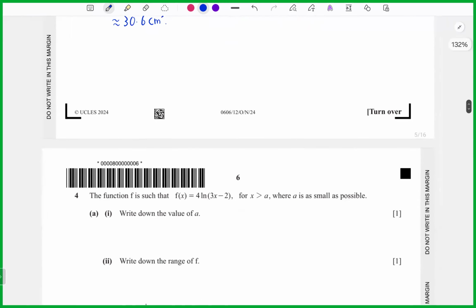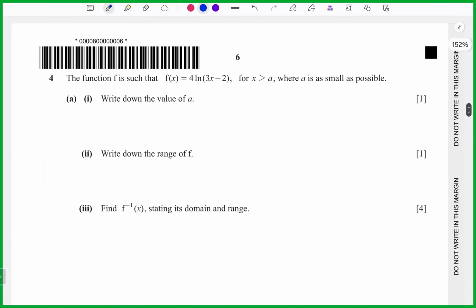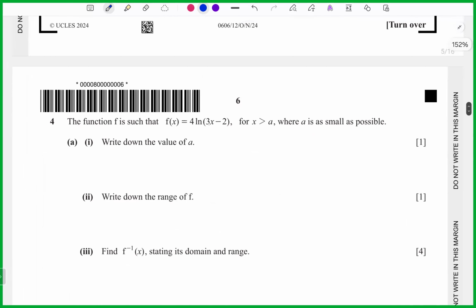Okay, let's try question 4. The function f is such that f(x) equals 4 ln(3x minus 2) for x more than a, where a is as small as possible. Write down the value of a.